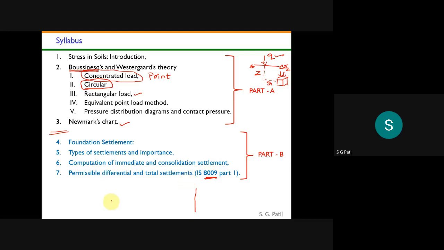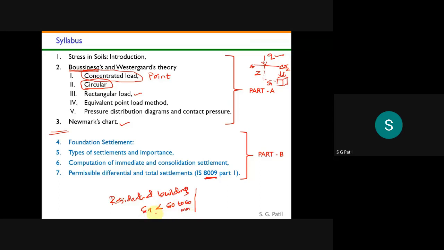For a residential building, your total settlement should be less than 50 to 60 mm. This is the permissible limit.